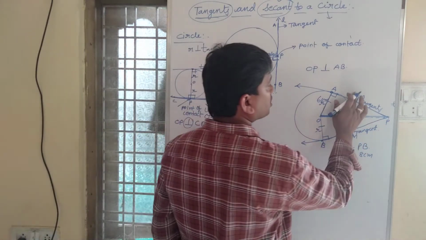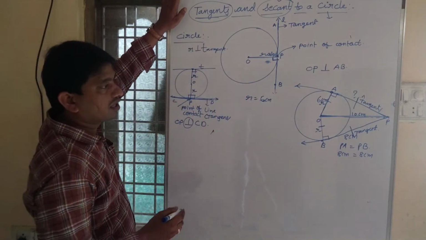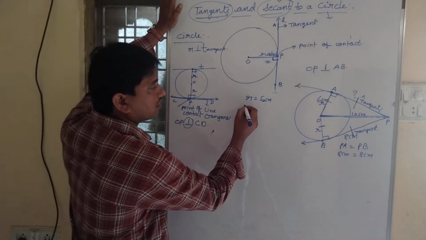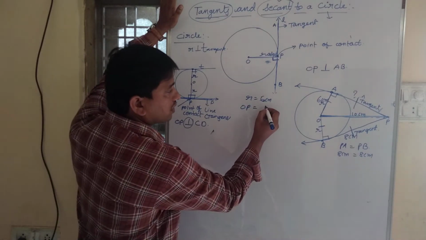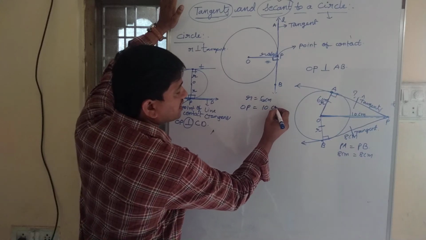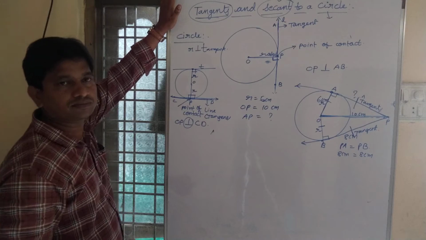Now the question is how to find the length of the tangent. What is given, children? Given radius is 6 cm, and the distance from the center to the external point is 10 cm. Now we need to find the length of the tangent.